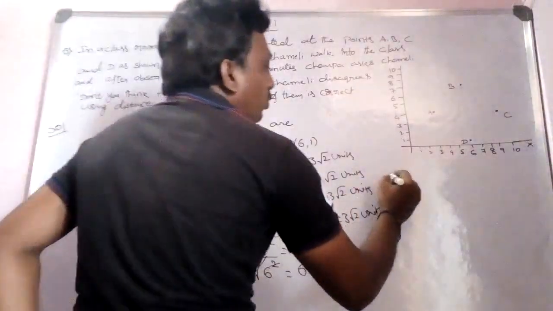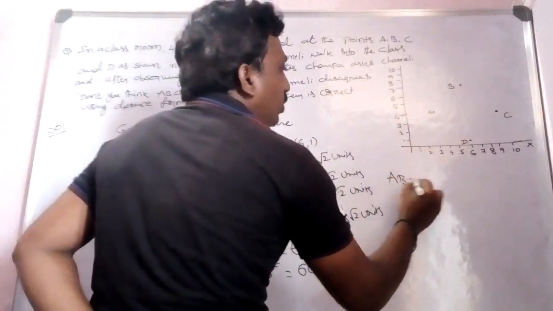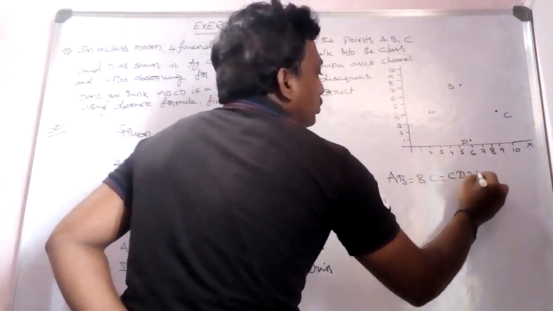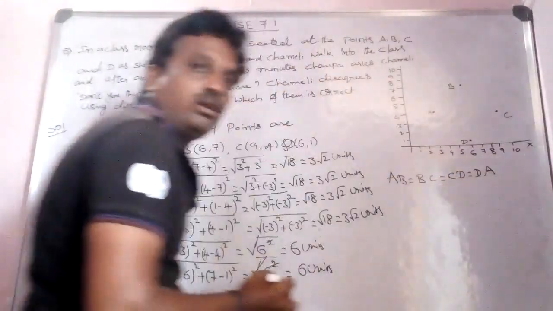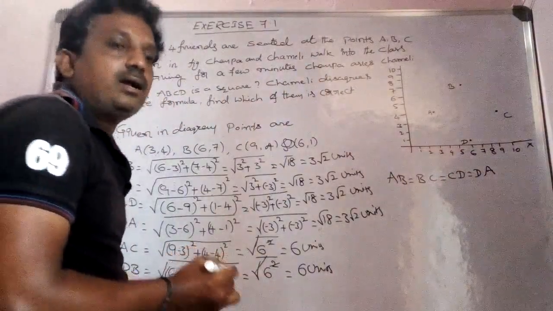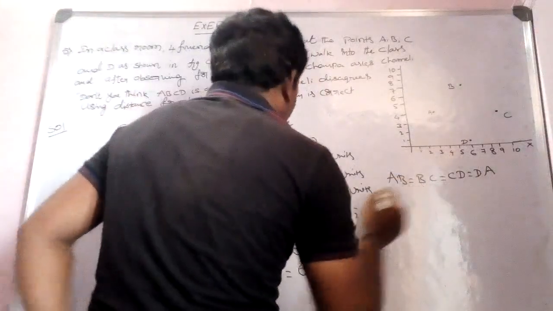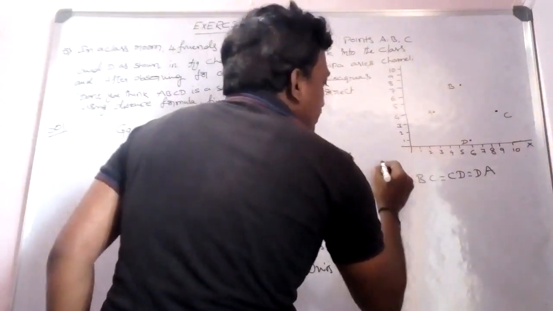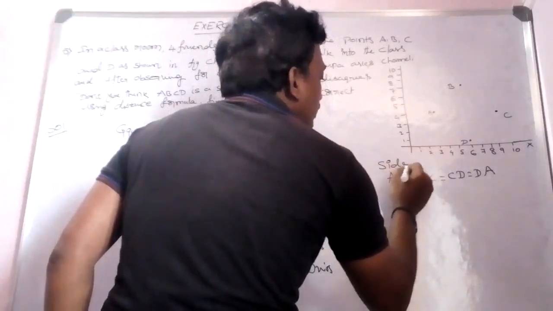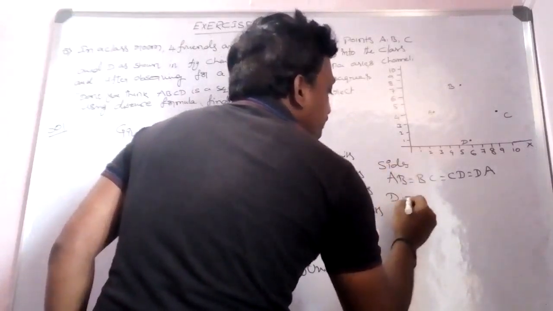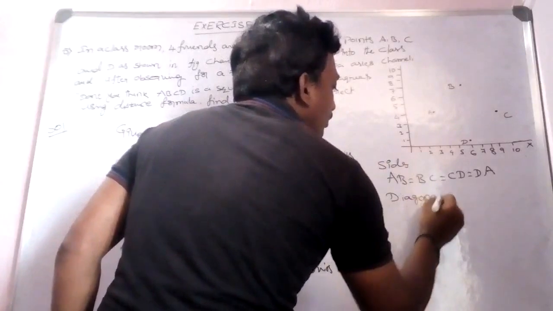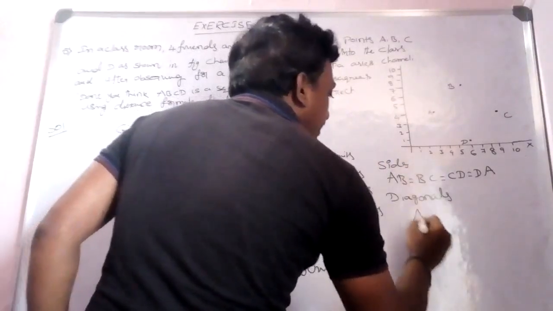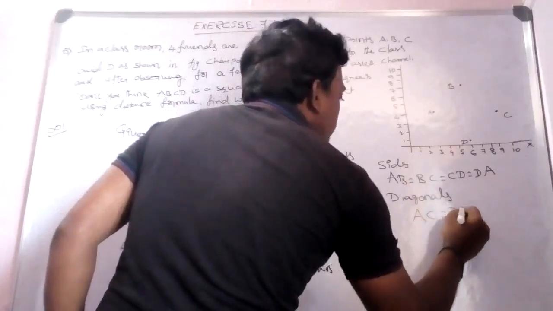You observe this. All sides are equal: AB equals BC equals CD equals DA. All sides are equal and diagonals are also equal. Diagonals AC equals DB.